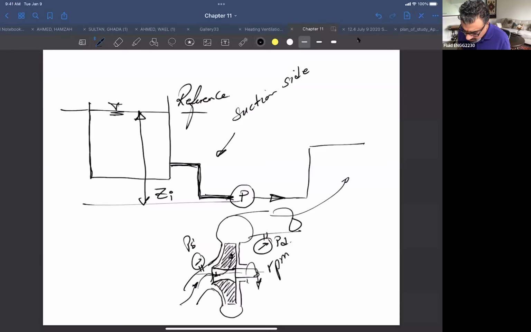So now the pressure here is atmospheric. If you go from point A to point B, the pressure here is atmospheric, minus whatever the losses or the energy difference between A and B, right?